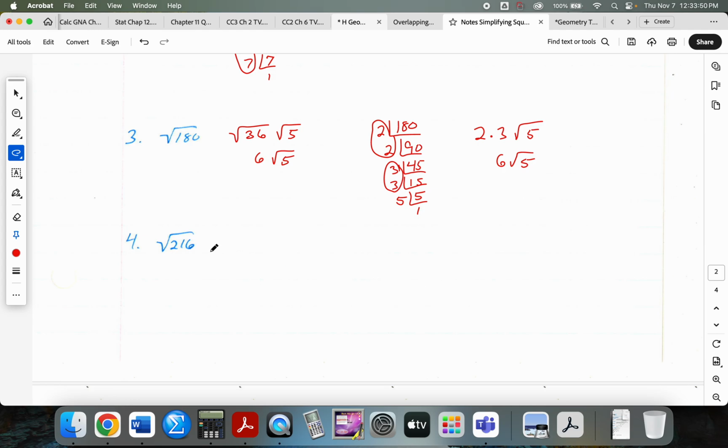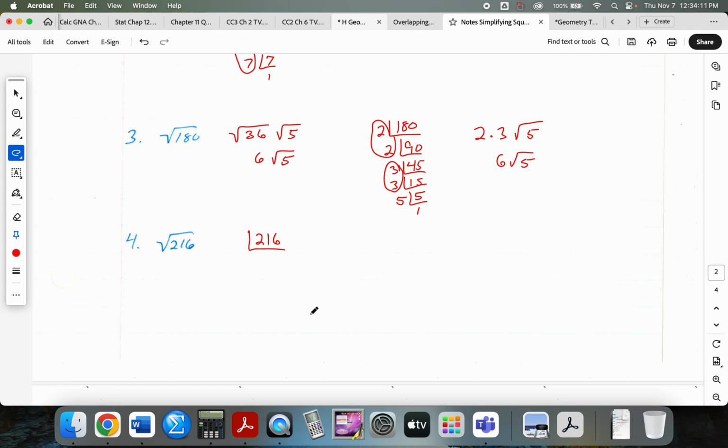When you get something like the square root of 216, again, it's unlikely that you're going to be able to just go, oh, I know that this is this perfect square times this other number. I happen to know this one, but most people probably don't.